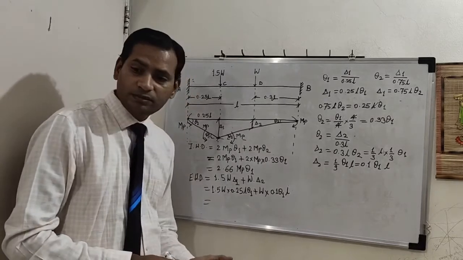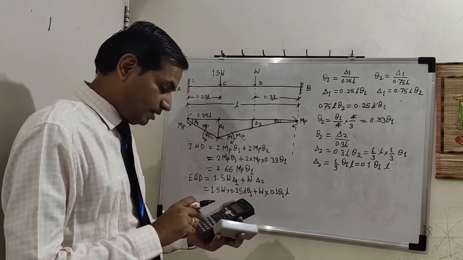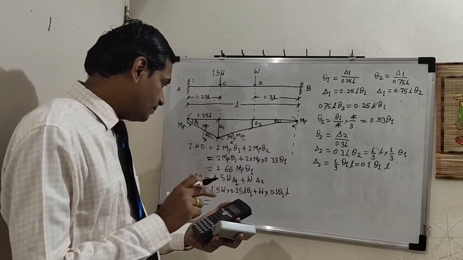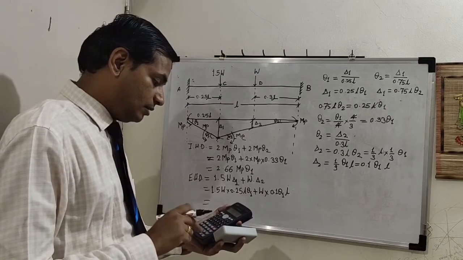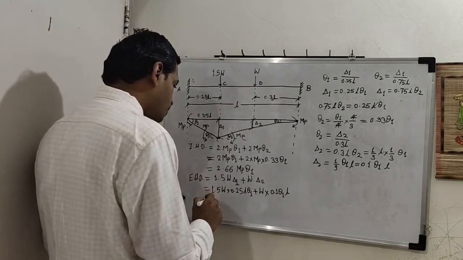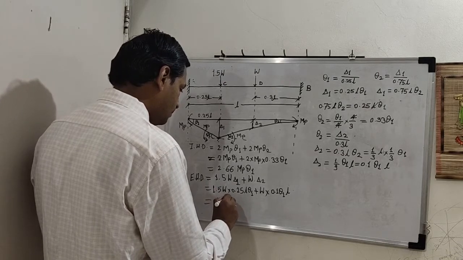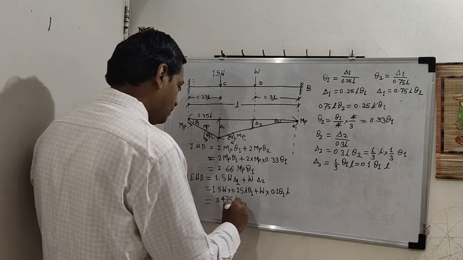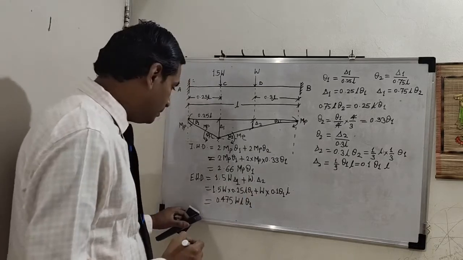How much? So 1.5 into 0.25 plus 0.1, this total is 0.475 WL theta 1. Okay.